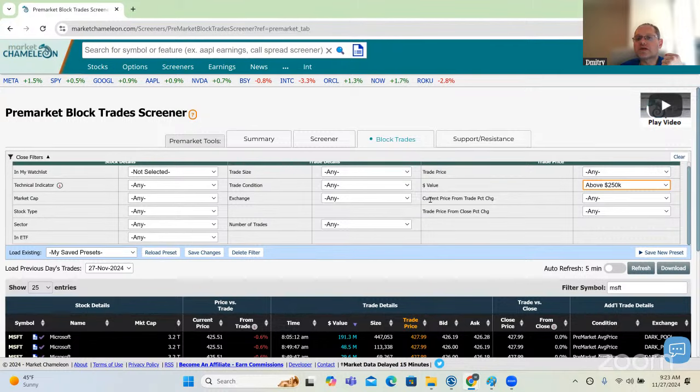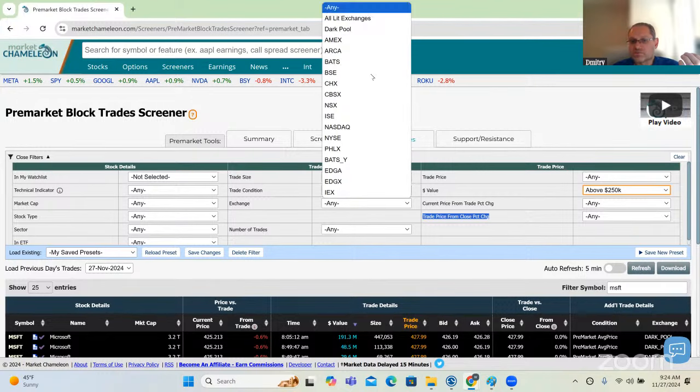If we wanted to look at stocks that are moving up or down away from the block trades, we could filter those out, or the trade price moving away from the previous day's close. We could also look for trade conditions. So here's the average price that we're talking about. These would be just regular trades. We're not in regular hours. Let me see if there are any crosses. Okay, so nothing unusual here.